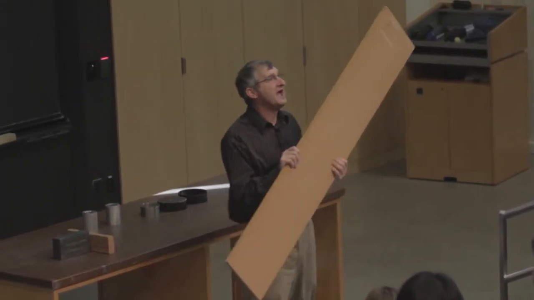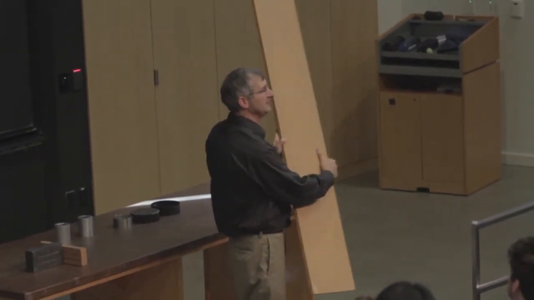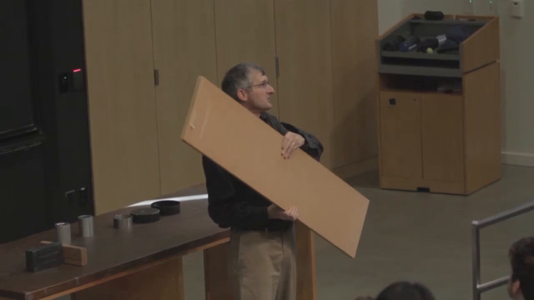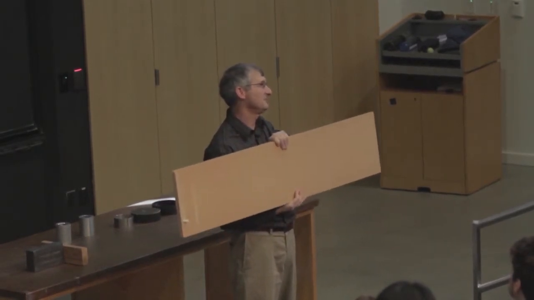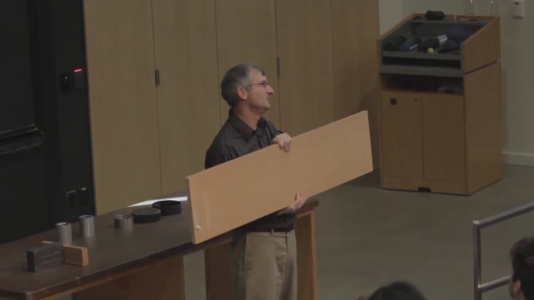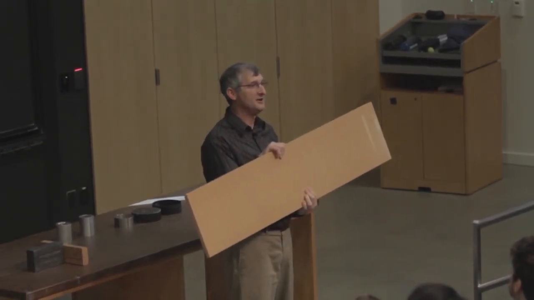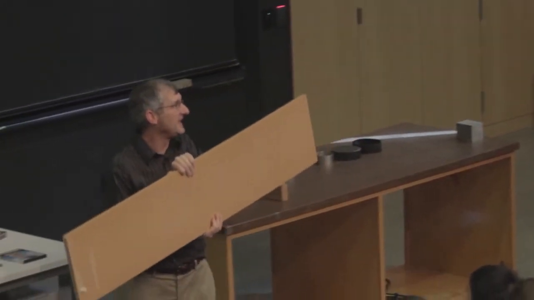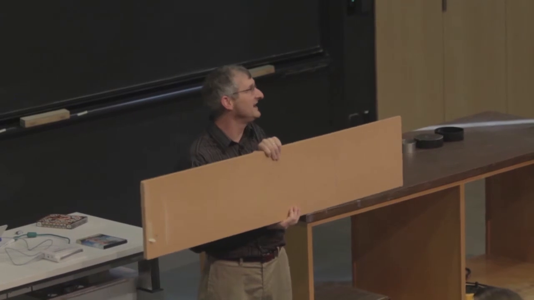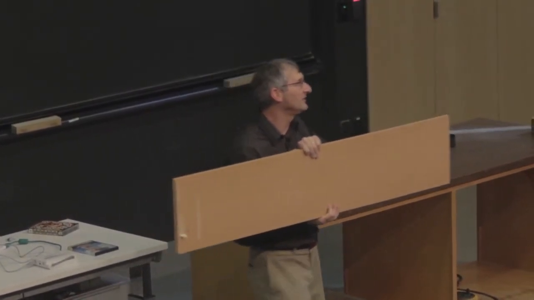So, every point on this object is going to rotate through the same angle if I rotate it. And it's true whether I don't move or whether I do. That was 180 degrees, regardless of whether I do this.